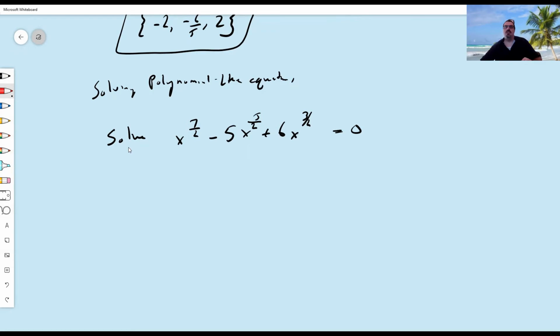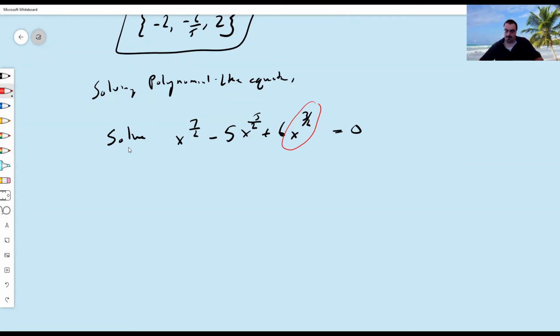So what you want to do is find the variable with the smallest power, and that happens to be this. Since this is the smallest power on x, that means x to the 3 halves is a common factor of x to the 5 halves and x to the 7 halves.